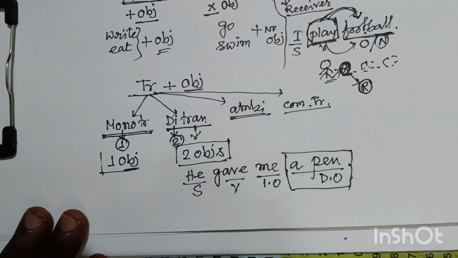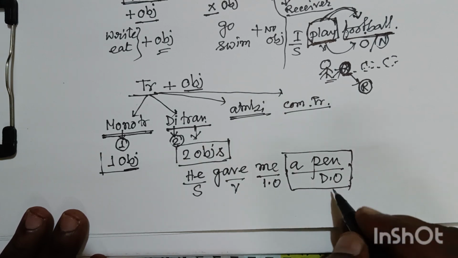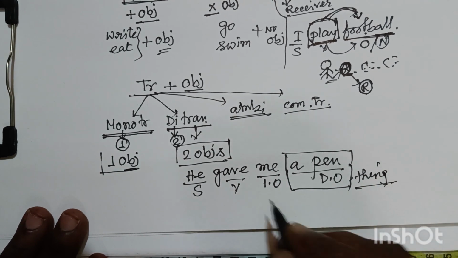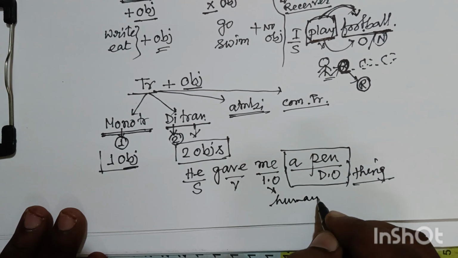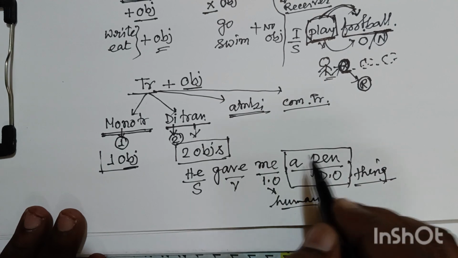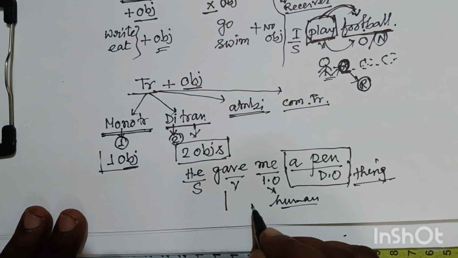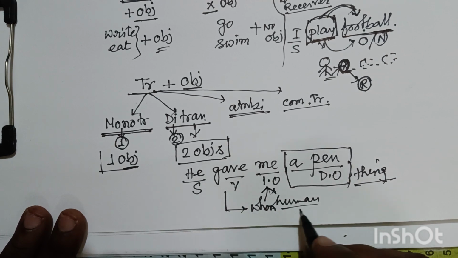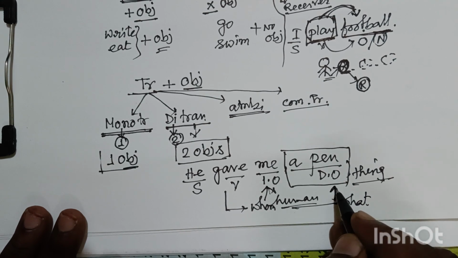The direct object will always be a thing. The indirect object will always be a human being. If you ask the verb by whom, the answer will be the indirect object. And if you ask the verb by what, the answer will be the direct object.